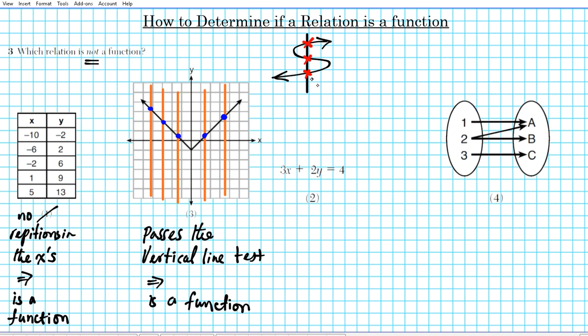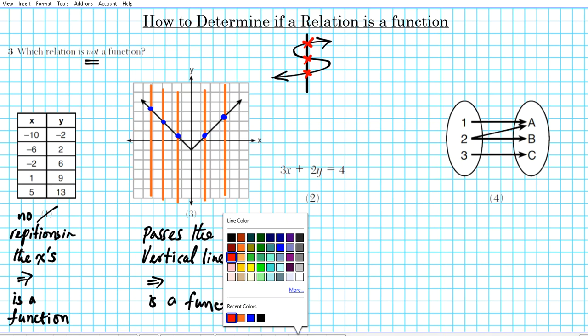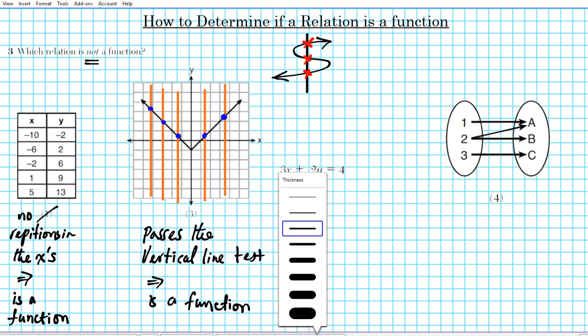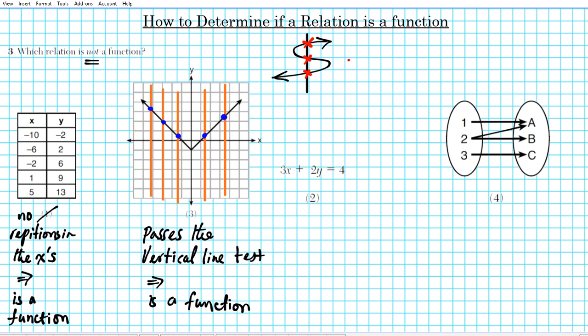What this is telling us is that one input will be assigned to 3 different outputs, which is not what a function is. So this fails the vertical line test. Hence, it is not a function. This one is a little bit abstract, but hopefully you get the gist. So fails the VLT, not a function.